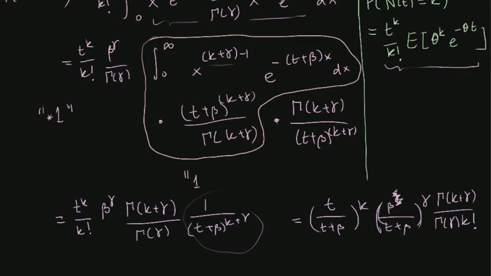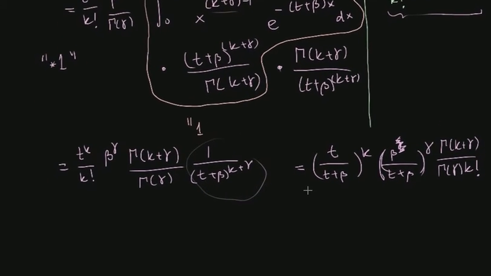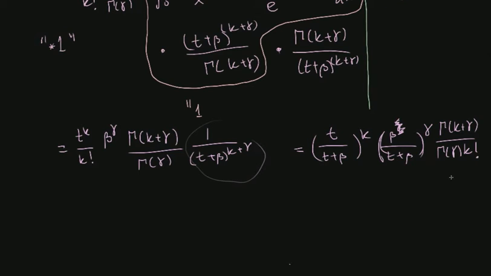Now, what can I say? Well, we can use the fact that the gamma function is used as a kind of generalized factorial, in the sense that whenever I have an integer n, then gamma of n is equal to the factorial of n minus 1.